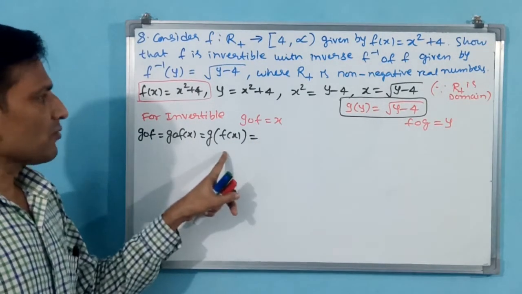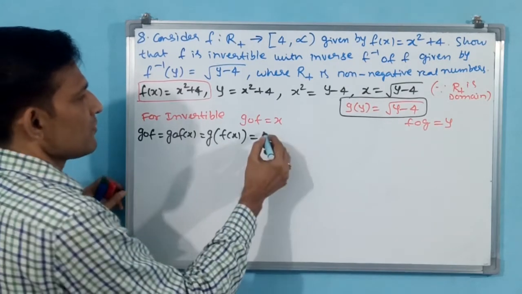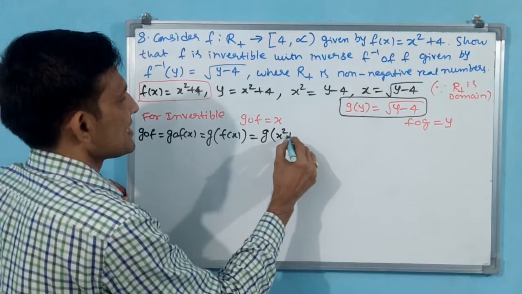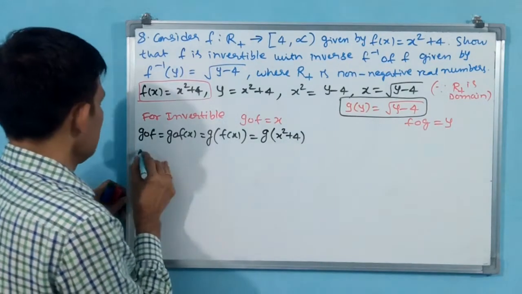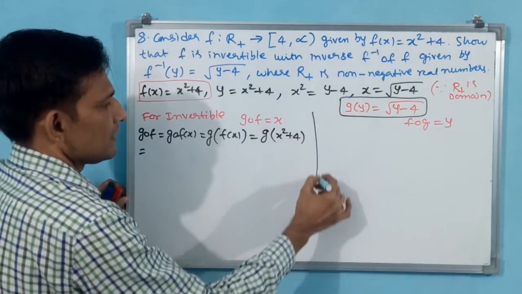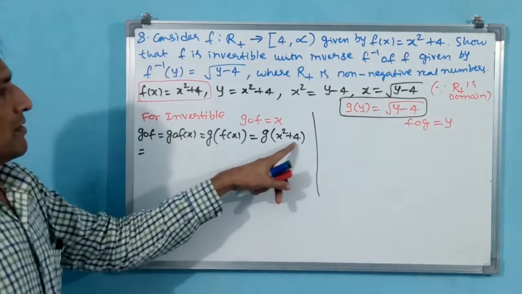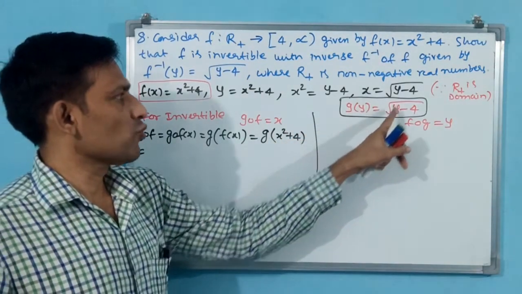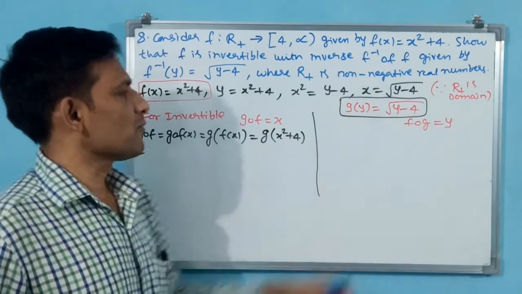RHS has not come yet, I have taken only LHS. F of x you have to keep. G of f of x is how much? X square plus 4. See, G takes some input, and if you give it, the square root of that input minus 4 will come.